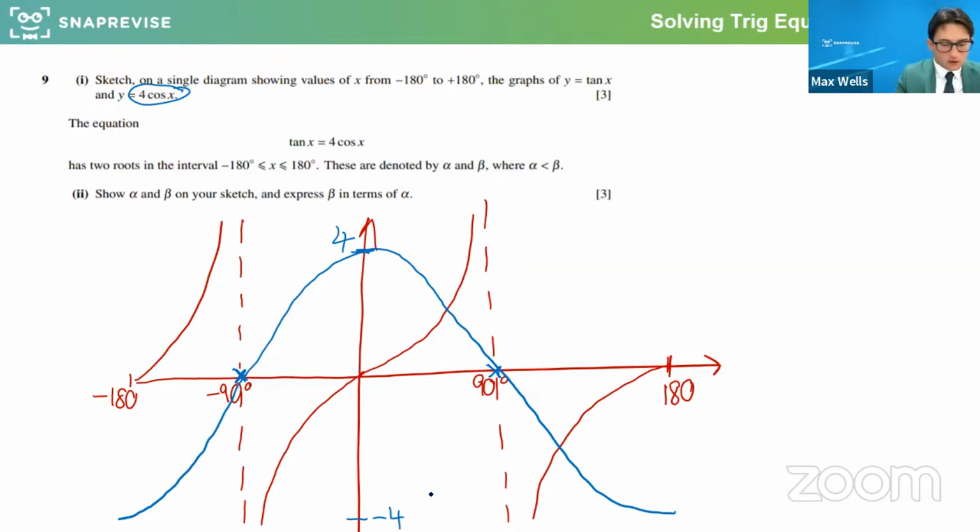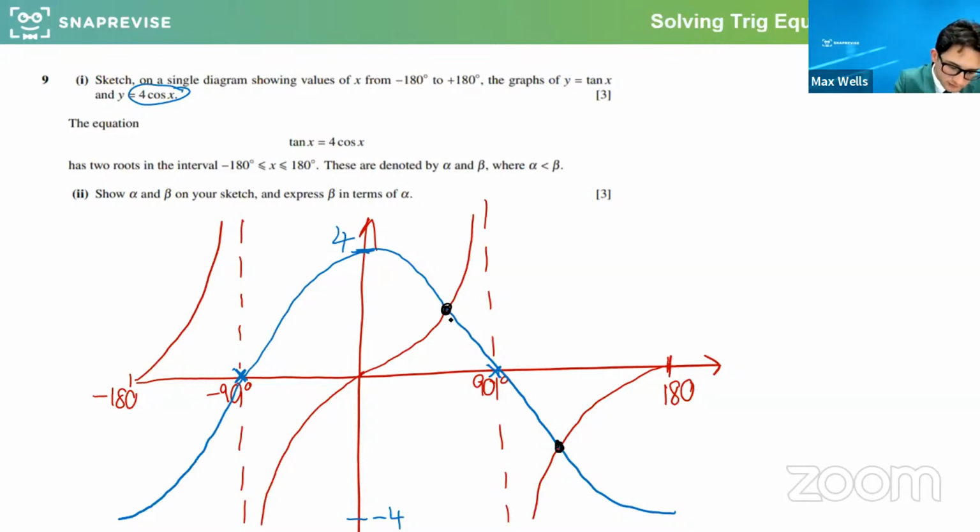Superb. So what we've got here is it says the equation has 2 roots, alpha and beta. Now this one is a bit tricky and I'm going to try and do this as quickly as I can. Show alpha and beta on your sketch. This actually does show that there are 2 roots to that equation because they cross in 2 places.